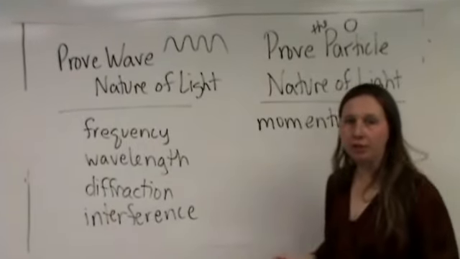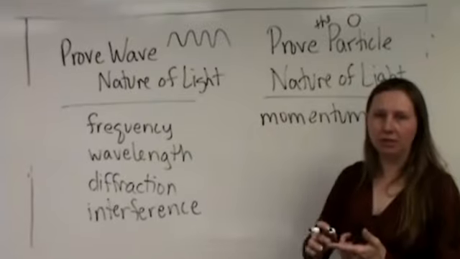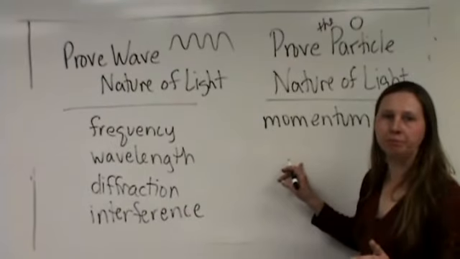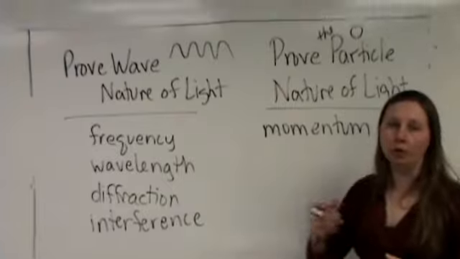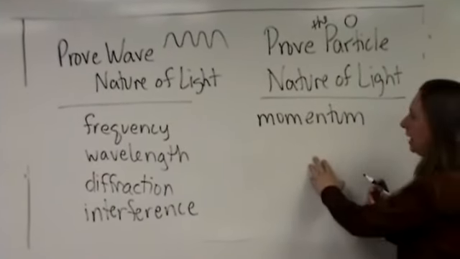We know that momentum for large particles, like a baseball, would be the mass times the velocity. So certainly the fact that light has momentum, which can be transferred to another particle, like an electron, proves the particle nature of light.